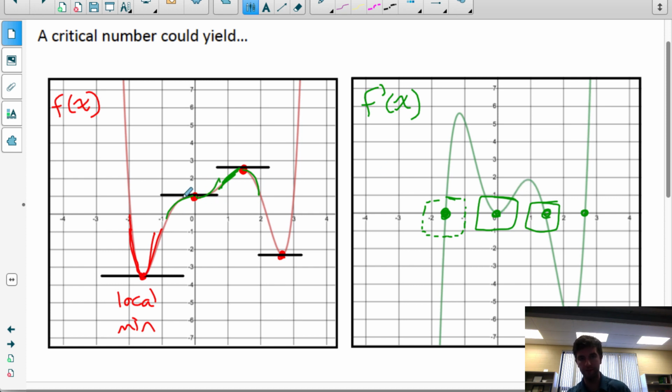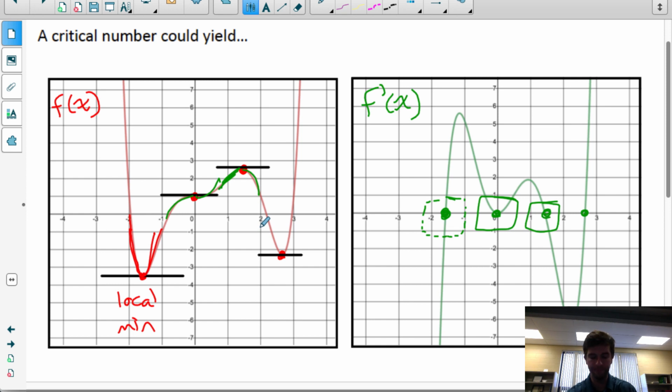So the function goes from increasing to increasing. It never actually changes from increasing to decreasing or vice versa, so we don't have a local min or max point. So that's just to outline how we can tell whether a function is going to have a local min or max point depending on the sign of the first derivative around the critical numbers.